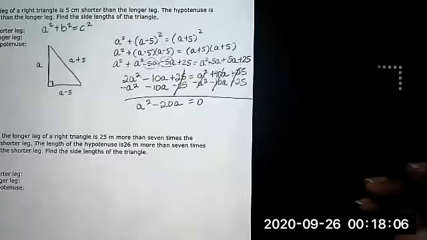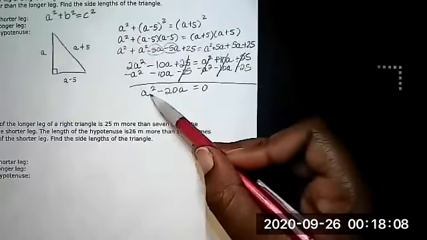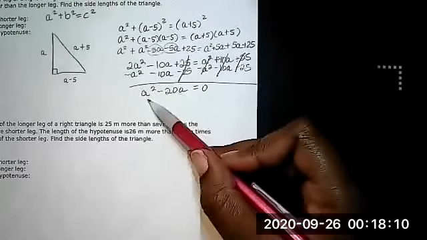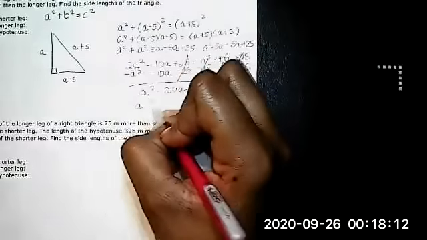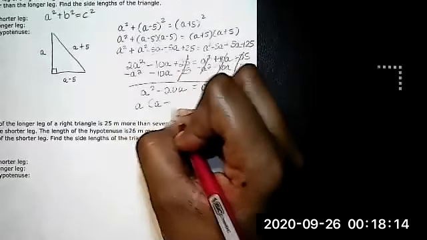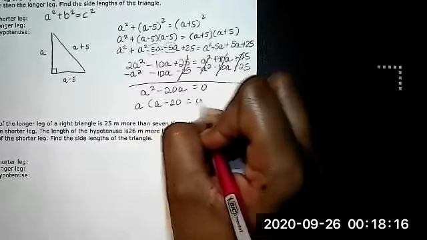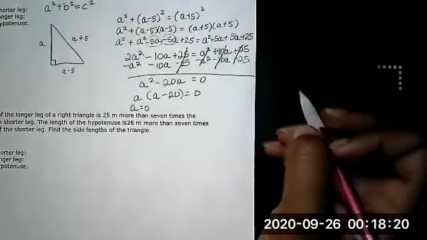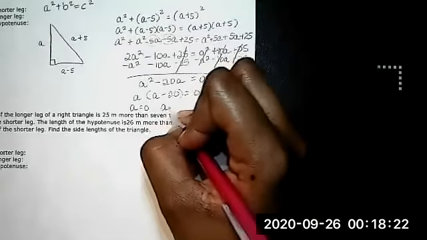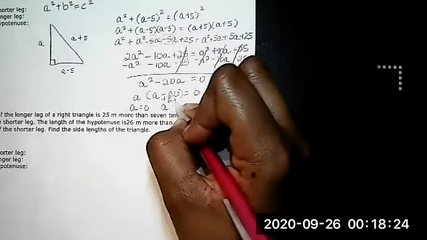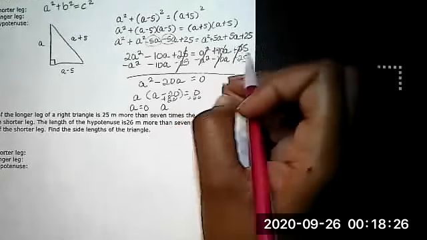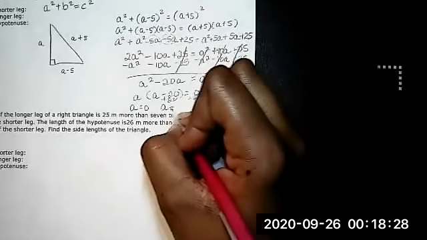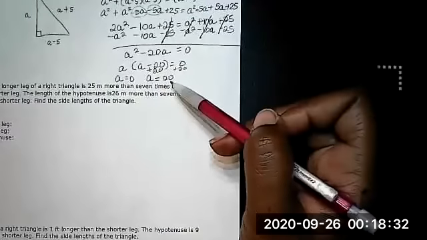Now these two terms have a greatest common factor, which is A. I'm going to take that out: A times A minus 20 equals 0. So A equals 0, and if I add 20 to both sides, A equals positive 20. So we have A equals 0, A equals positive 20.